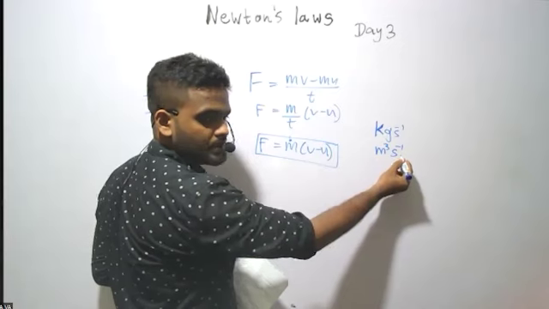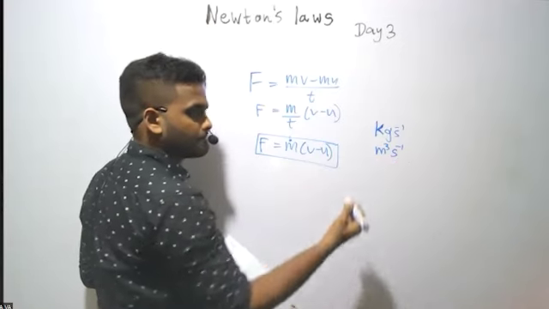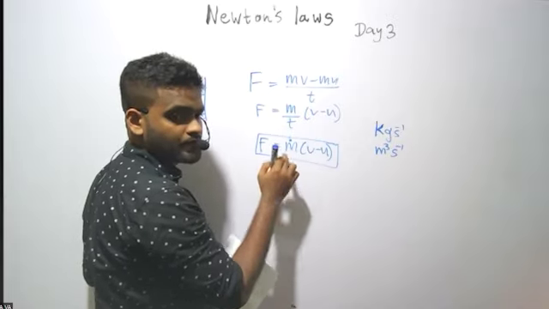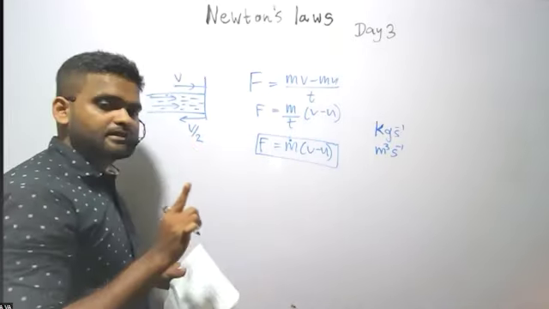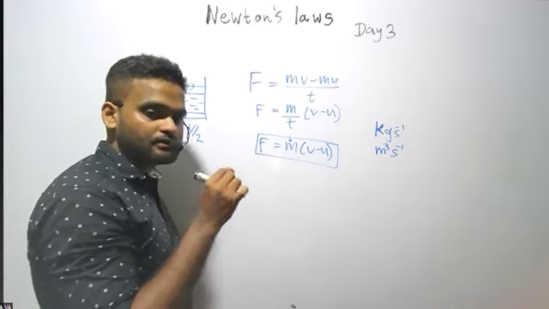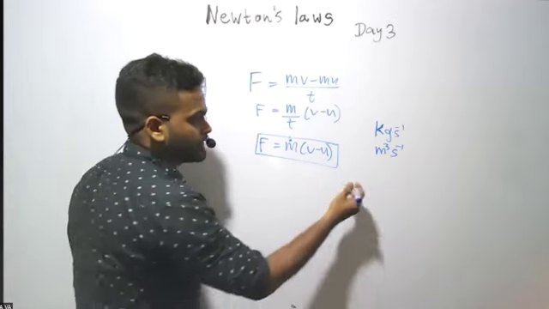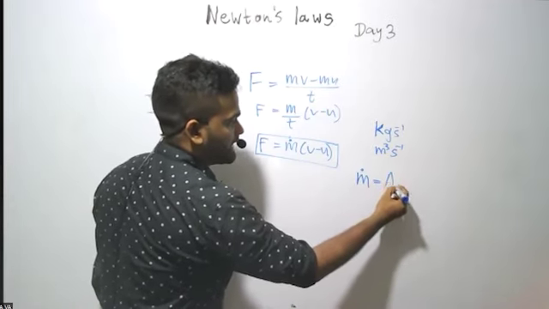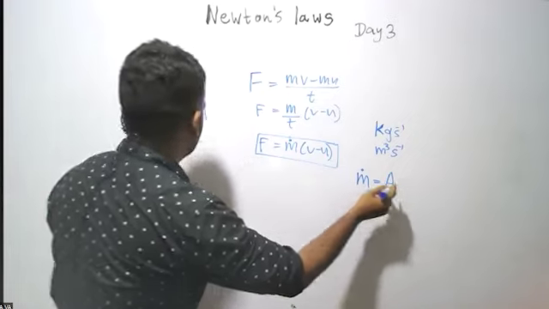Volume divided by time, cubic meters per second. But here what you got is a mass flow rate. Another thing is you need to know this equation to apply for the mass flow rate. Mass flow rate is equal to A. I'll just write it here.